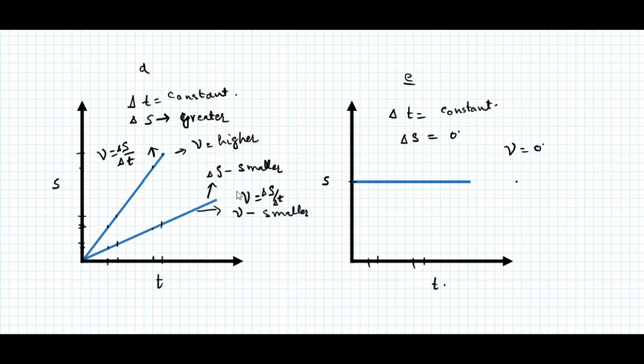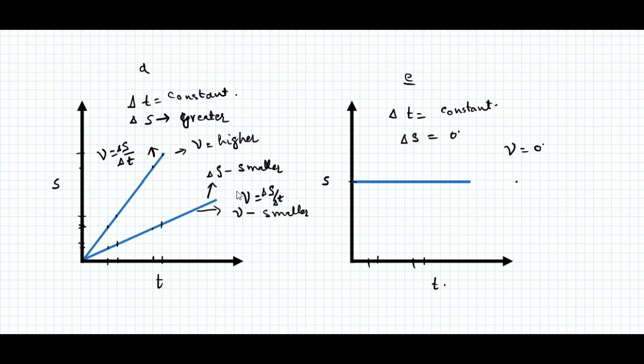In graph D, we have combined two straight lines of different slopes to elaborate the difference in their velocities. So here delta T is again constant, but their corresponding delta S is different. In higher slope, delta S is larger, in smaller slope, delta S is smaller. At higher slopes the object is moving at higher velocities, and at lower slopes, the object is moving at smaller velocities.